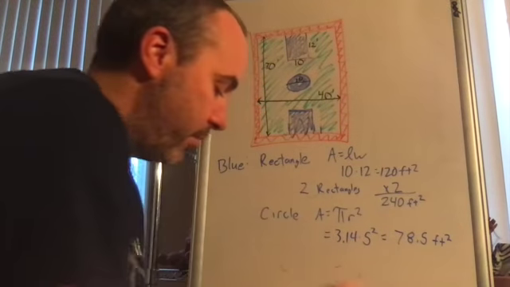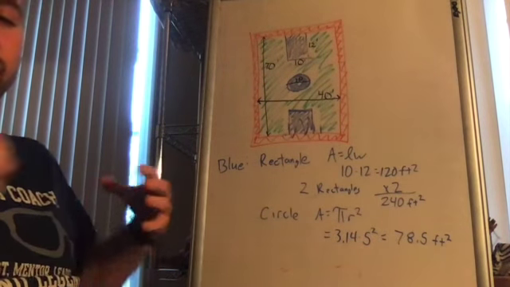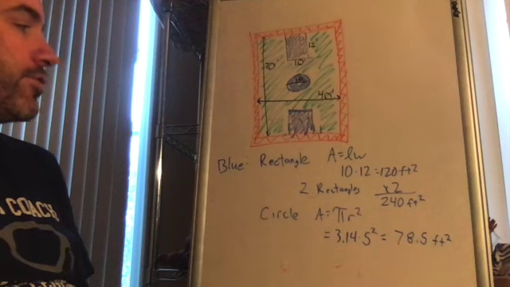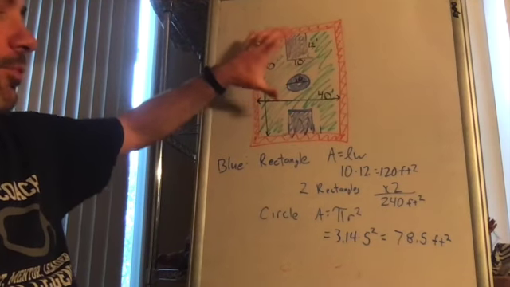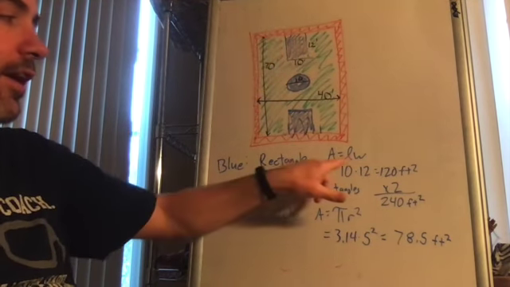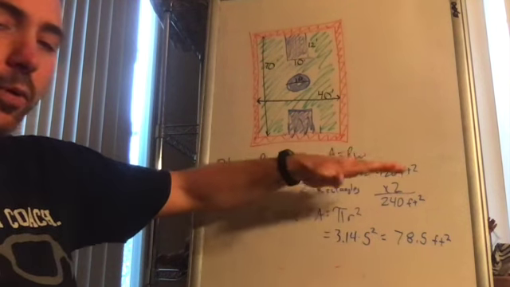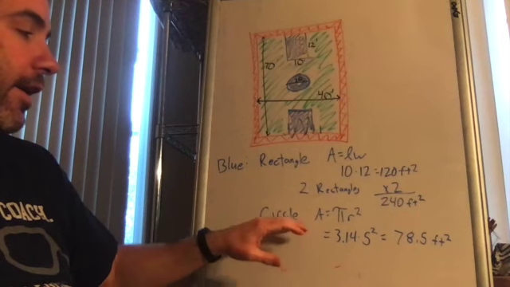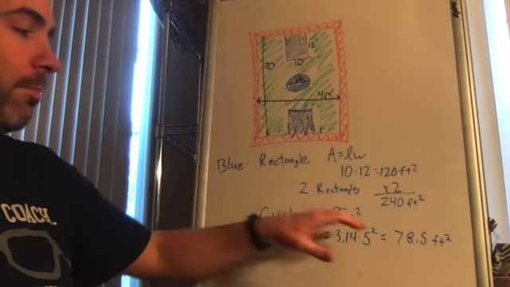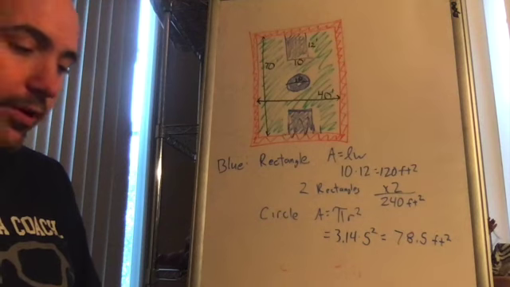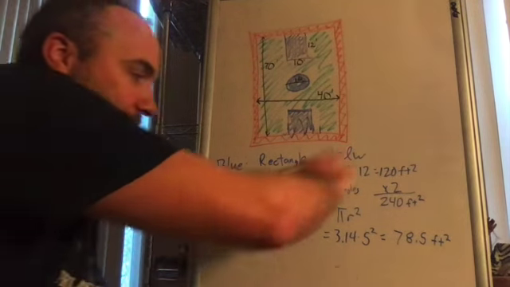feet. So when it says describe the procedure, what you should identify is that you have two separate rectangles where you're going to take length times width to find the area, and you double that, or you can just take 120 plus 120. Then you have the circle where you do pi r squared to find that area, and then in the end, add them all together.